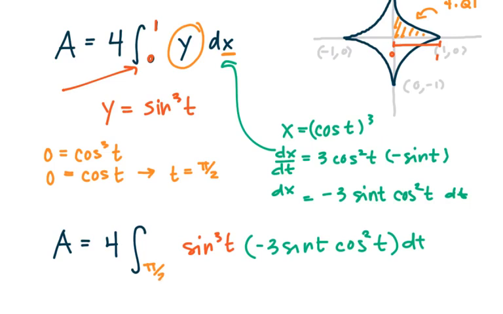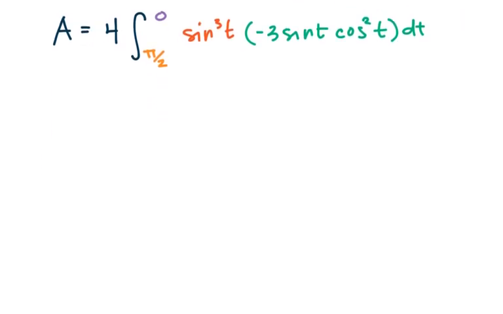So pi over 2 would be my lower bound, and a similar argument for 1 equals cosine cubed t, because again I could cube root 1 and still have 1. We would get that t equals 0. So take a moment, pause the video, maybe make sure you know how I've set this up. I now am going to find area with respect to my x and y equations in terms of t.